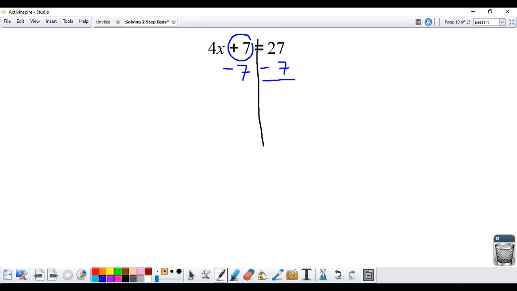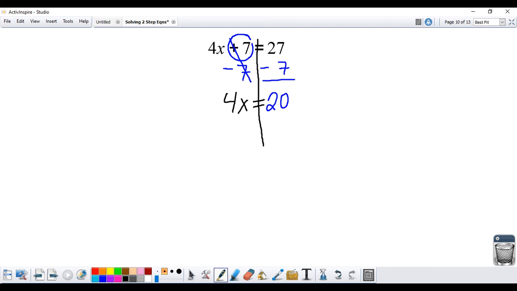So my line here is like my mirror. I can see that I subtracted 7 on the left and I subtracted 7 on the right. 7 minus 7 is 0. And then 27 minus 7 is 20. Now on the left side, I still have that 4x, so I'm going to bring it down, put my equal sign in the middle, and I need to finish getting x by itself.